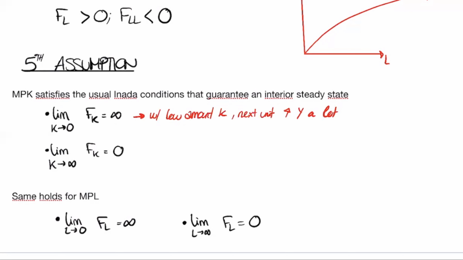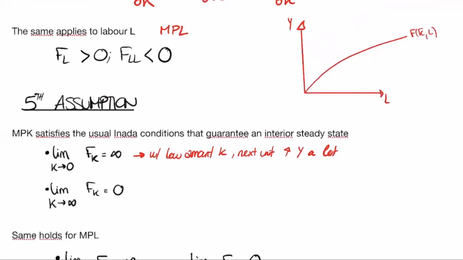Okay, so you would see that on the graph here. If you go from here to here if it was K, because it's the same for K, the increase in output is huge. But now if you have a large amount of K, well, the next unit doesn't increase output that much.